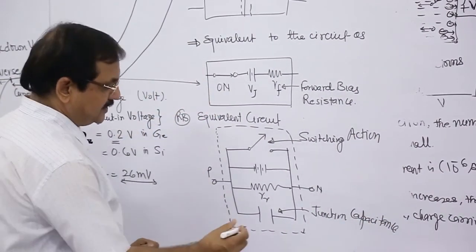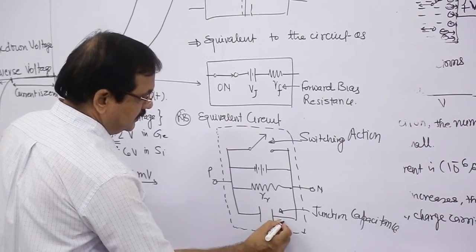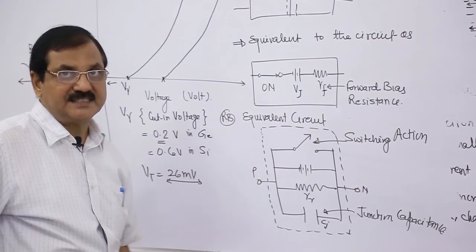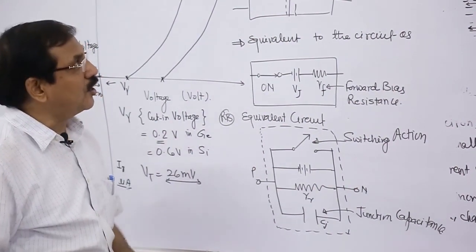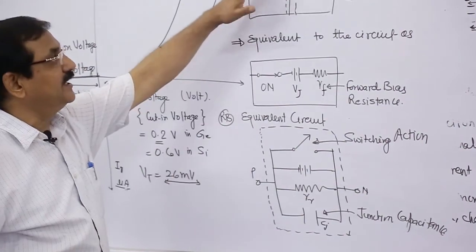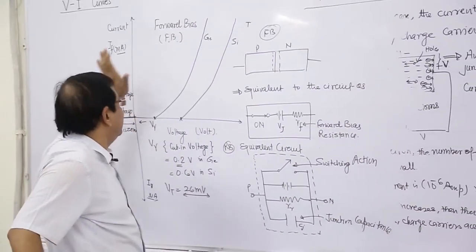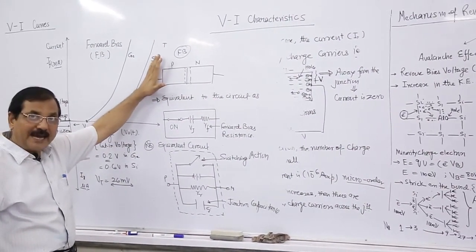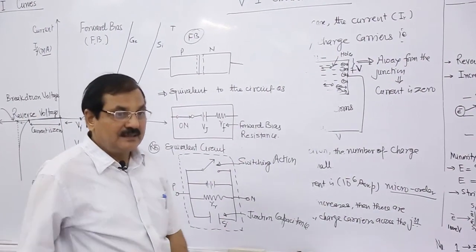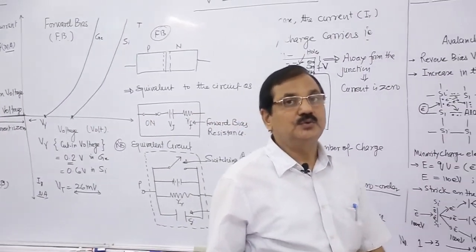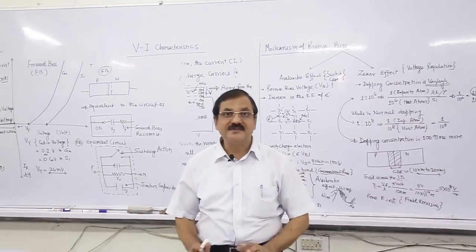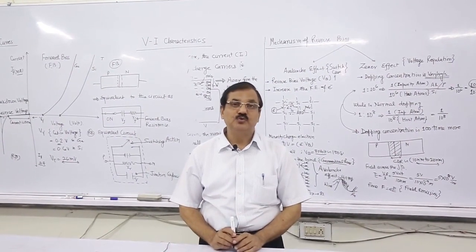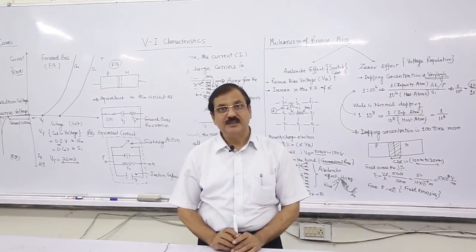So, this junction capacitance CJ is very important when we are discussing high frequency devices. So, this is all about today's lecture, that is the VI characteristic in case of forward bias and reverse bias, and finally, we have seen that the forward bias of the diode is equal to the on of the switch, and reverse bias diode is equivalent to the off state of the switch.